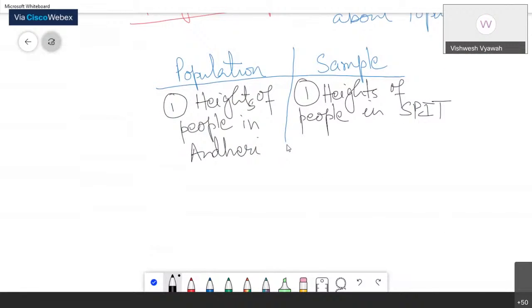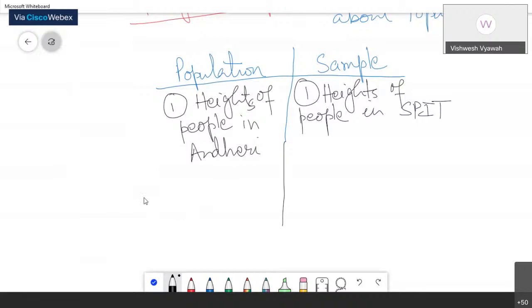I can give you a second example also. This is actual data, physical data that you have with you. You can also define these population and sample concepts on hypothetical data.